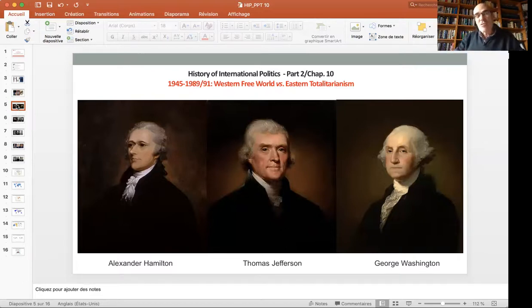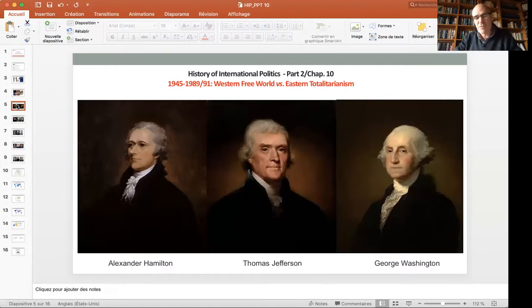But it can also be ascribed, of course, to a more down-to-earth logic, the logic of interest of Alexander Hamilton. George Washington was smart enough to understand that at that time America was too weak compared to European power. So it had an interest in not committing itself in the European rivalries, because it would run the risk of being defeated.